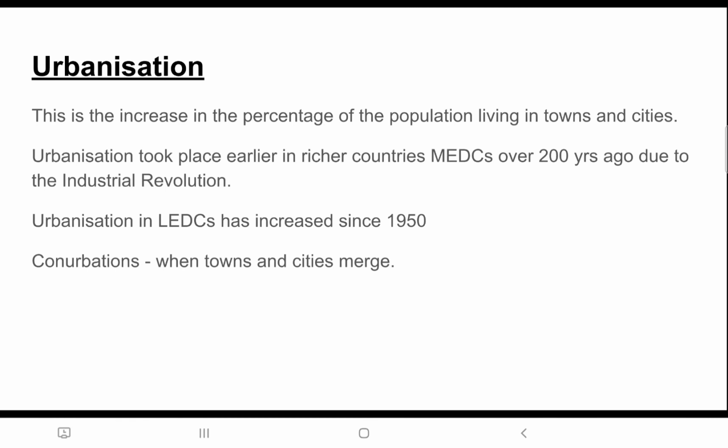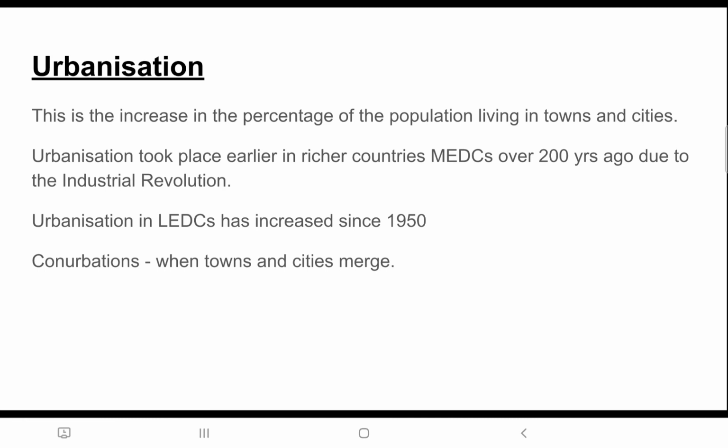In 2020, it had a population of about 38 million people, and it is the largest urban area in the world.